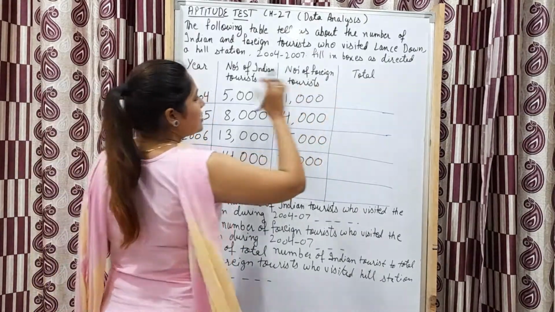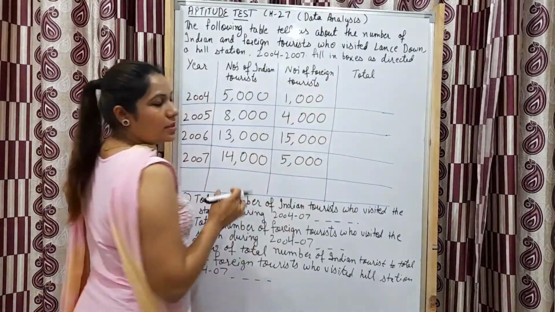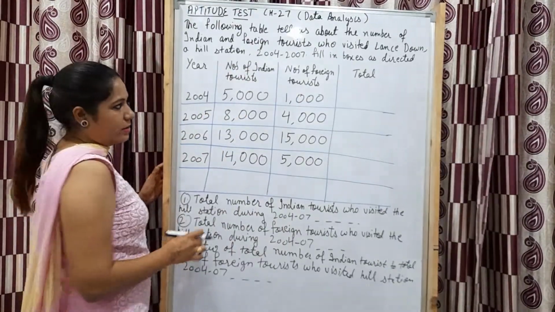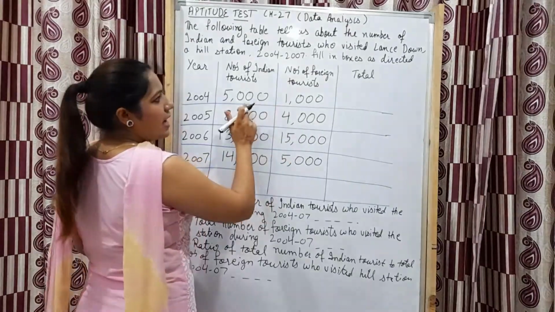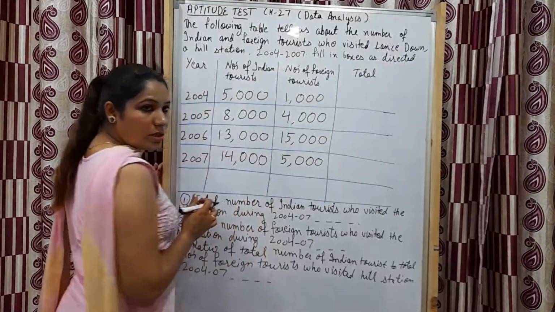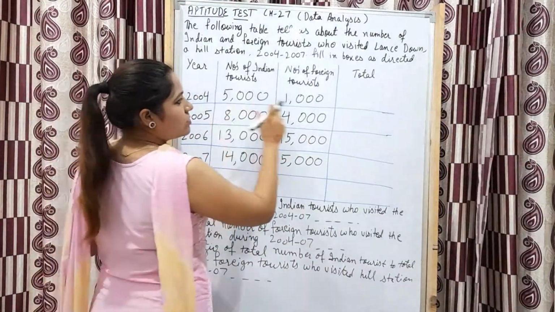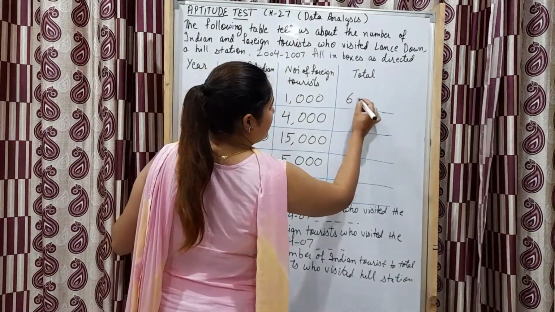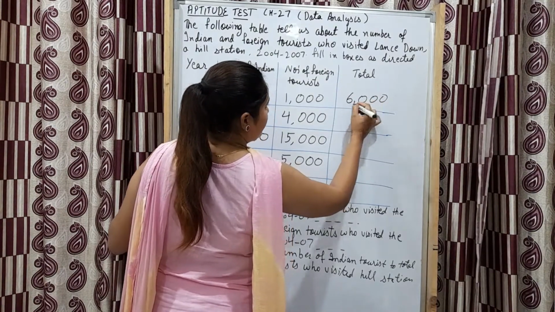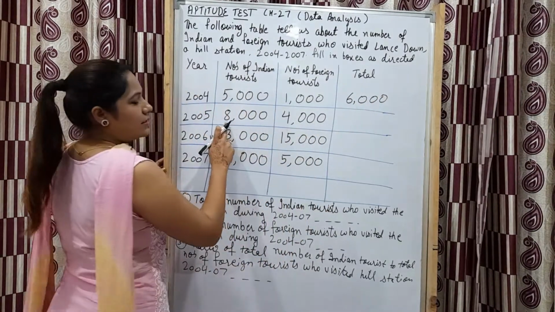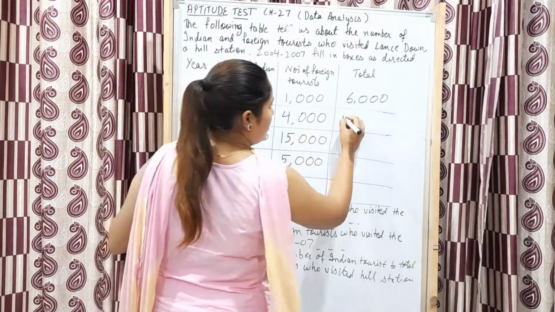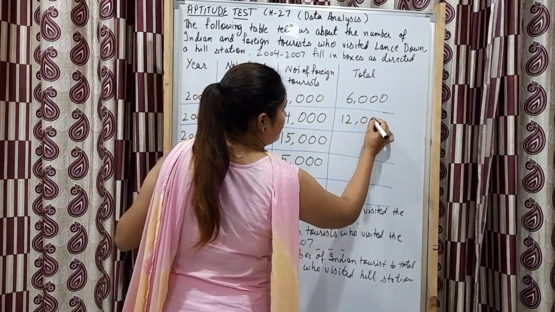Now total. First we will see horizontal, then we will see vertical. Horizontally we will just add them because here it is written total. 5,000 plus 1,000, that is 6,000. Then 8,000 plus 4,000, that is 12,000.